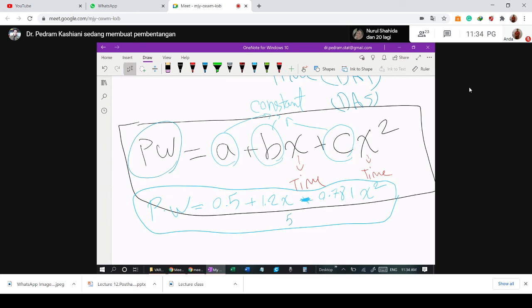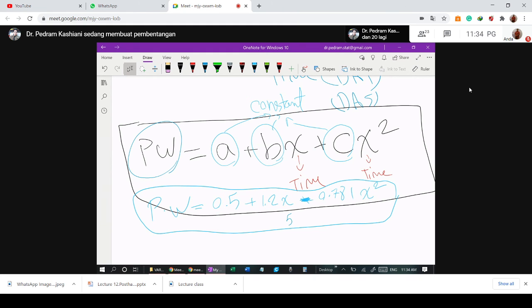Because I have more than one independent variable. I have 2, 3, 4 independent variables. So that is multiple regression. I don't want you to go to that because that one will have a selection of independent variables and will be very complicated. Okay, so you just do this one, understand what is regression analysis, simple regression analysis.